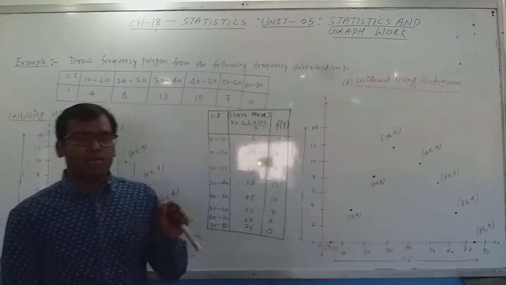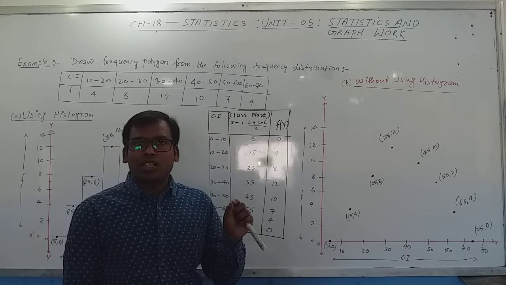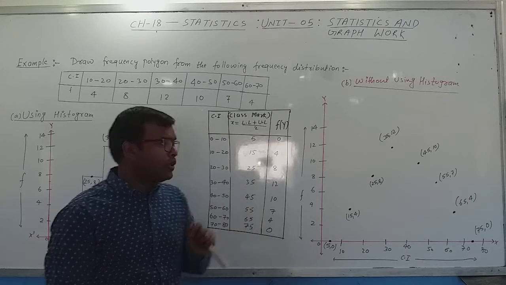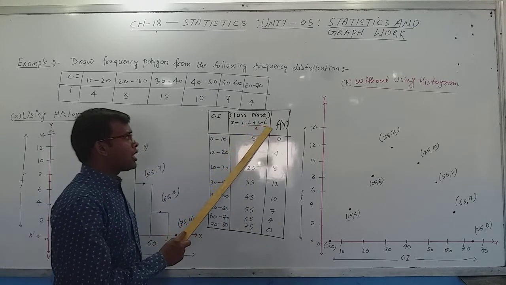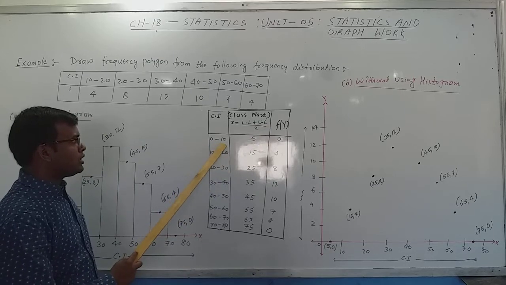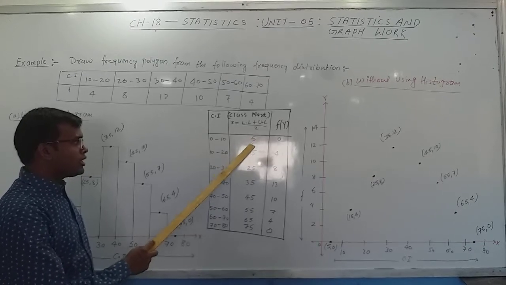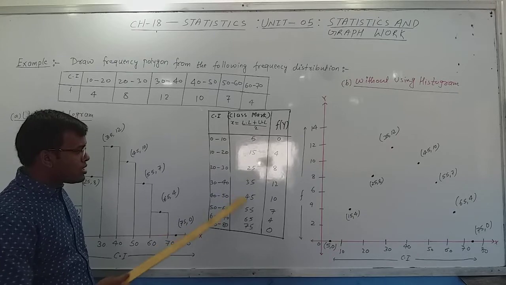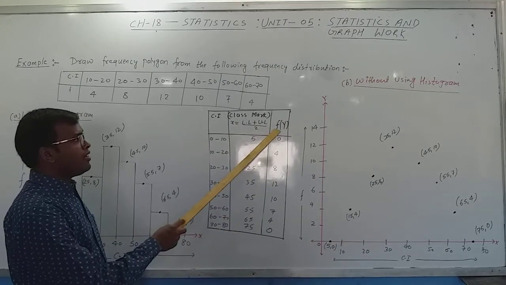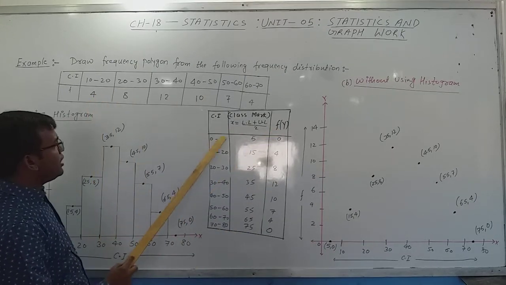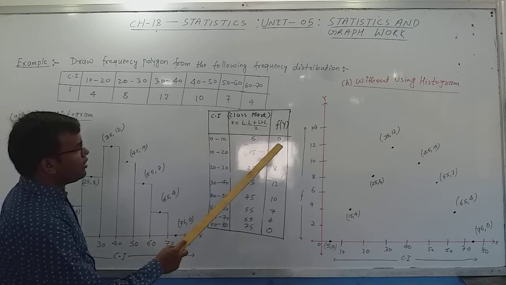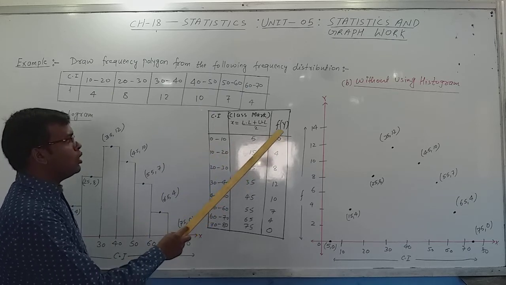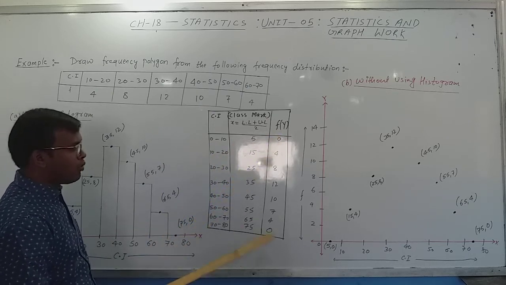How to find the class mark? Lower class limit plus upper class limit divided by 2. That means 0 plus 10 divided by 2 is equal to what? 5. In the same way you fill this column. Alright. The frequency f is already provided; for 0 to 10 there is no frequency, so it will be 0.